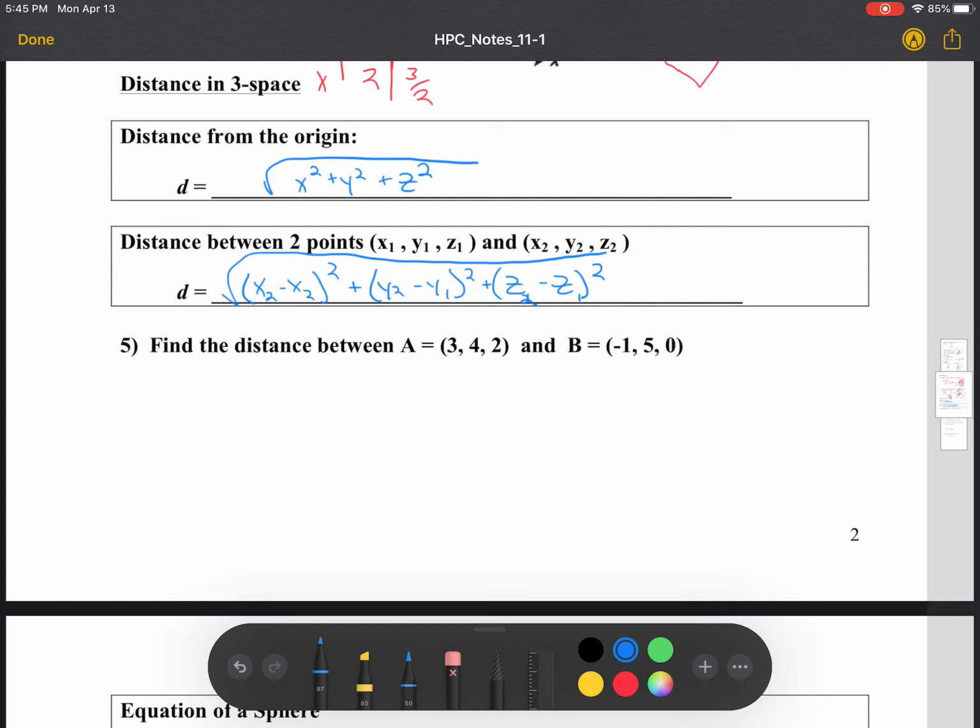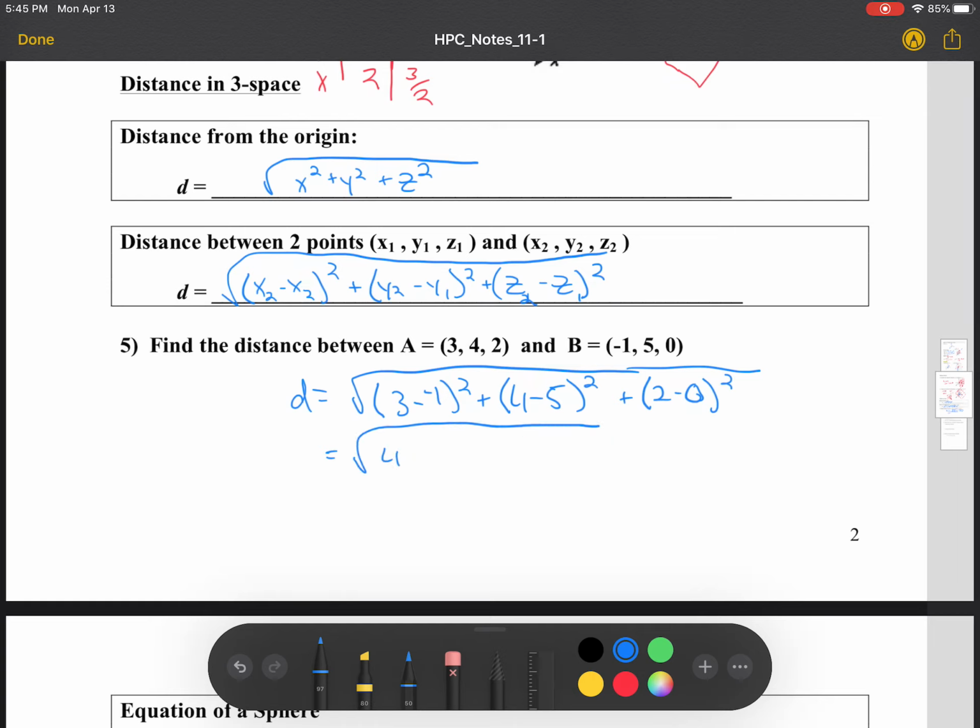So finding the distance between A and B, we're going to plug those into our distance formula. The way I think about it, I always just use the second one first. Use that B as the second one. So what you get when you do this, your D equals the square root of 3 minus negative 1 squared plus 4 minus 5 squared plus 2 minus 0 squared.